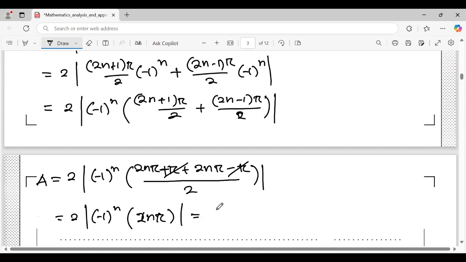So it is 2 times 2 becomes 4n pi, because minus 1 power n equal 1. So the area is 4n pi. The next question.